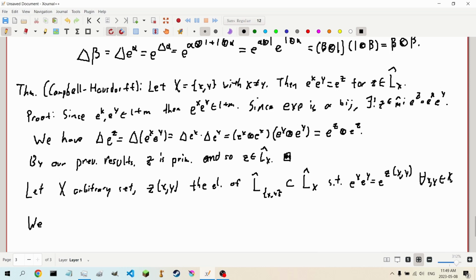We have the z of the commutator of x and y is the sum from n equals 1 to infinity of z to the n of x comma y, where z to the n of x comma y is inside L of x to the n.